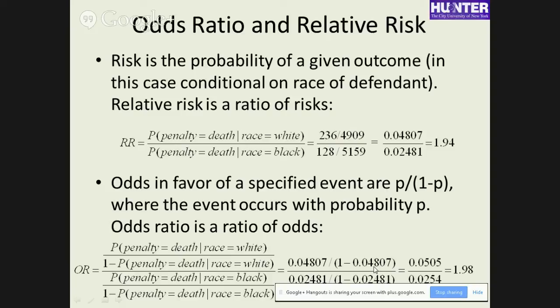So dividing by 0.95 doesn't change that too much. So risk ratios and odds ratios are very similar for low prevalence events. For high prevalence events, they're quite different.